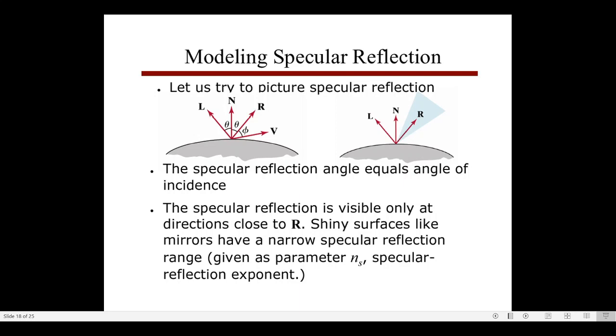Then we are going to consider another vector, that is the viewing vector. V is the position of the viewer, so that vector we also need to consider. Based on the viewing position, the intensity will change. Here we can see that the viewing vector makes angle phi with the reflection.